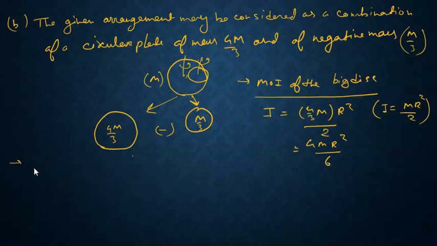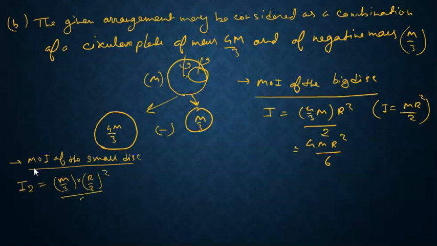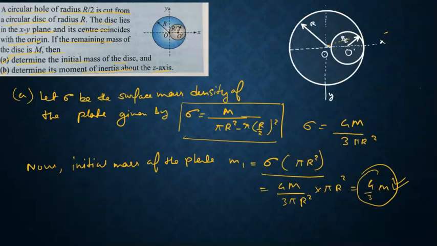Now we will find the moment of inertia of the small disk. That is I2 equals mass of the small disk into square of the radius of the small disk by 2 plus, and now here we will apply the parallel axis theorem. Let's see from the diagram.